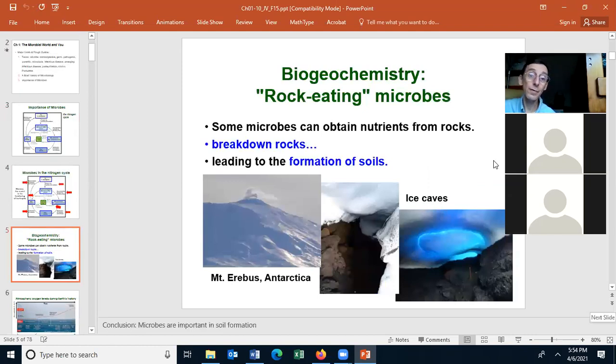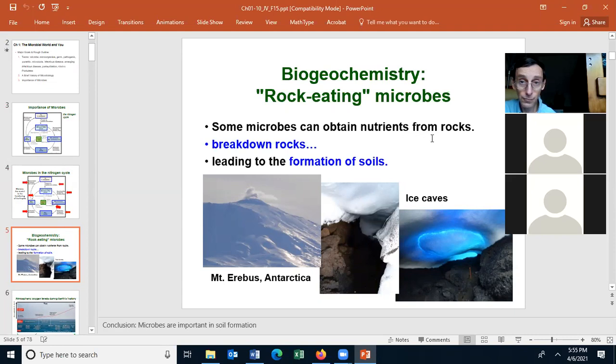Microbes are also important in the making of soil. Most people think that biogeochemistry has no concept of life. That isn't true. There are rock-eating microbes, and they make a significant portion of the soil. They do not make the majority of the soil, don't get me wrong.